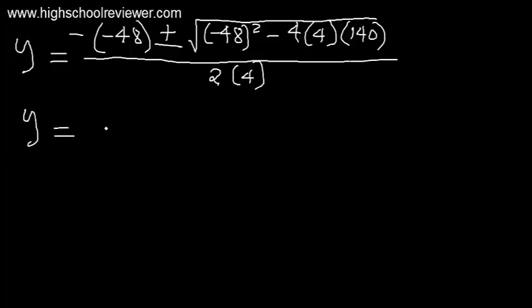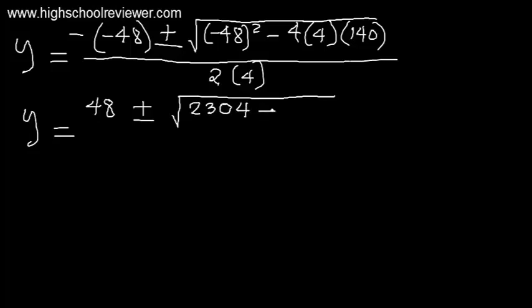So negative times negative, that will be positive 48 plus minus the square root of. Okay, so negative 48 raised to the power of 2, this will give us 2,304. And subtract this by 4 multiplied by 4 multiplied by 140, and this will give us 2,240.